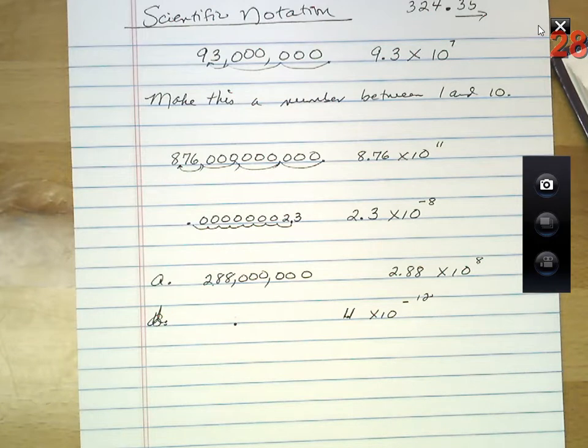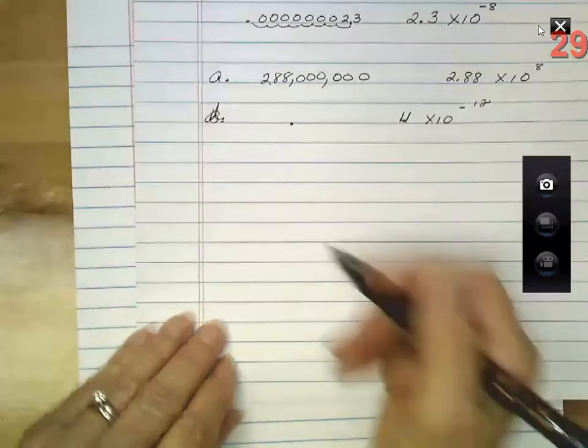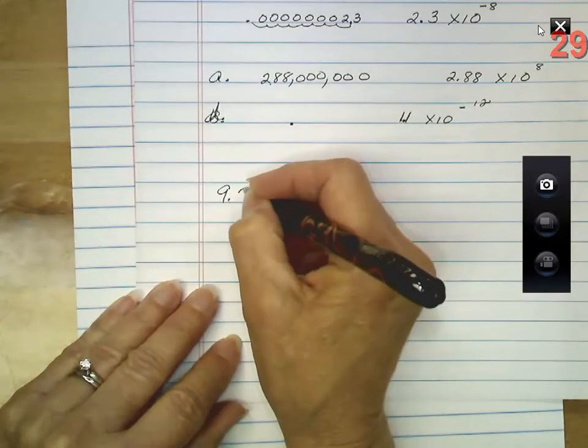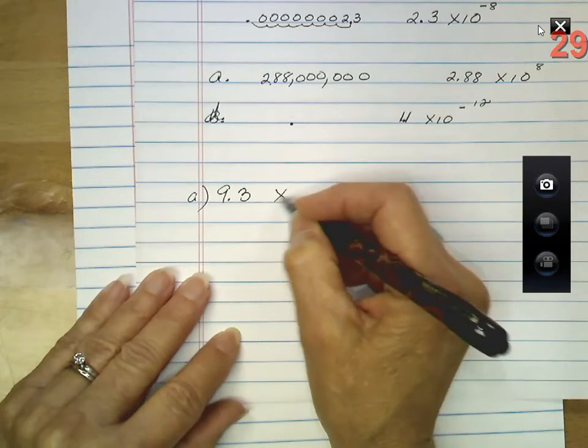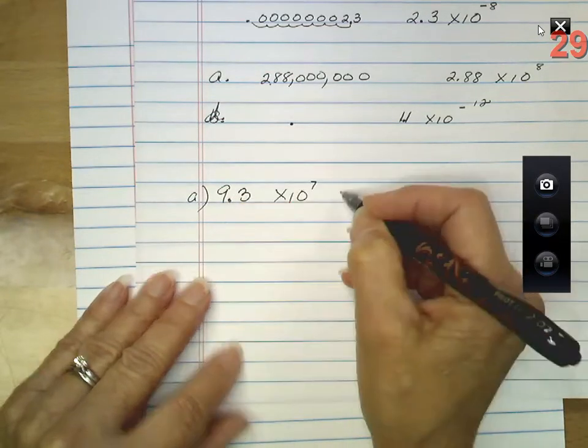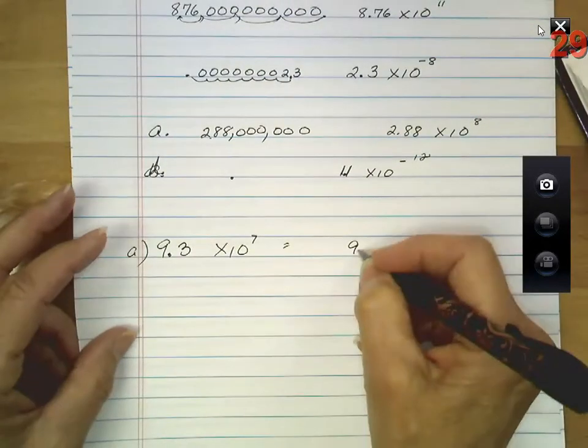Now, at the top, you're taking the decimal notation and making it scientific notation. At the bottom, you're taking scientific notation and making it just a normal number, or decimal notation. So if you have the first example, A, 9.3 times 10 to the 7th, which direction would you move your decimal?